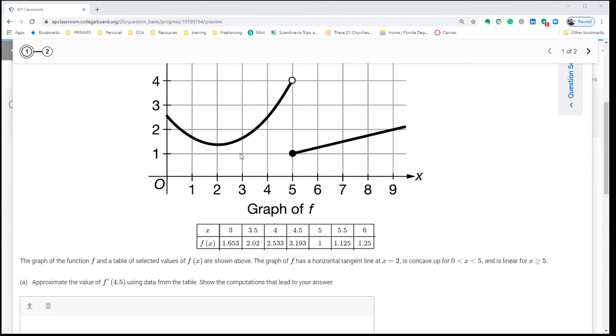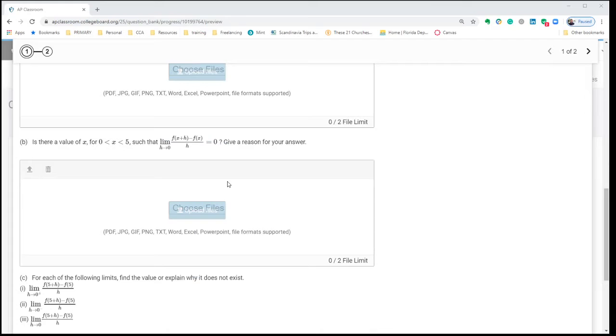I almost think the graph misleads you in a way in this. So f has a horizontal tangent line at 2, so it's got a horizontal tangent right there, which means at that point the slope is 0, which means that is the x such that the limit of this becomes 0.